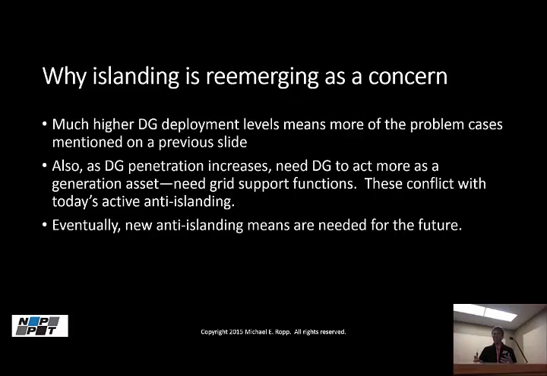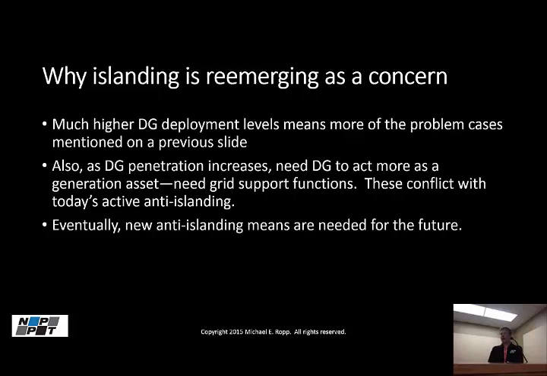So we're basically trying to make the system do some of the things that we've already identified as a problem. To make sure that the risk of islanding doesn't rise when we do this, we are eventually going to need to get away from the way we've done islanding today and look for new means of doing this. The active anti-islanding is going to be good for a little while yet, but as the penetration levels get high, you don't want all your distributed generators doing this with the grid all the time.